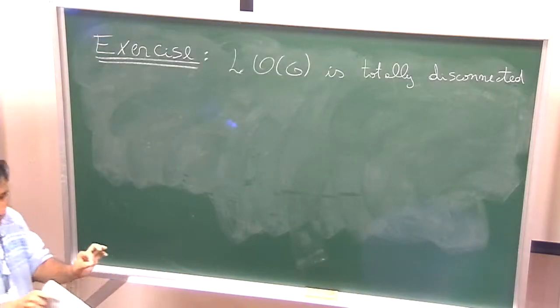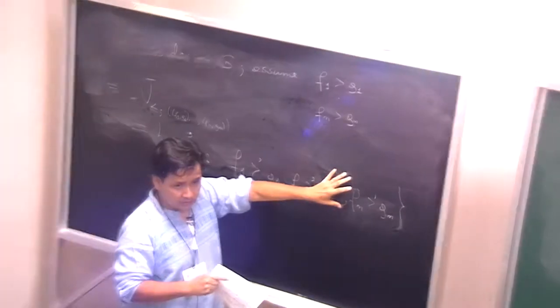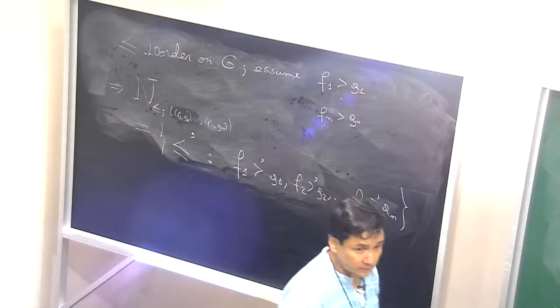Okay, if you have two different orders, then they are different because they do something different. There are some f and g for which f is larger than g for one order and is smaller than g for the other order, and this produces immediately a neighborhood of one of the orders that doesn't contain the other. Okay, so this is totally disconnected.